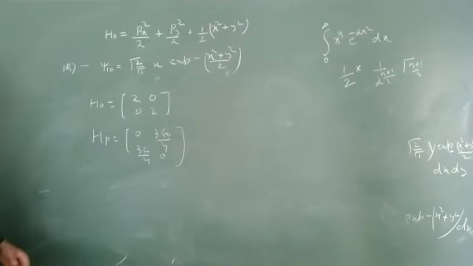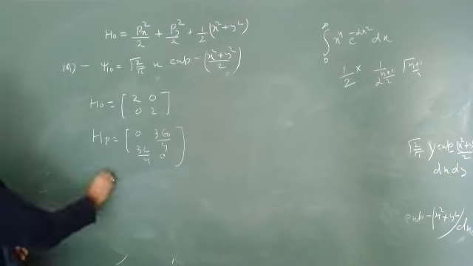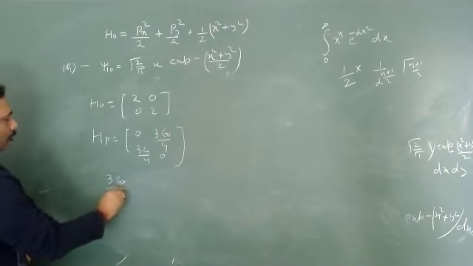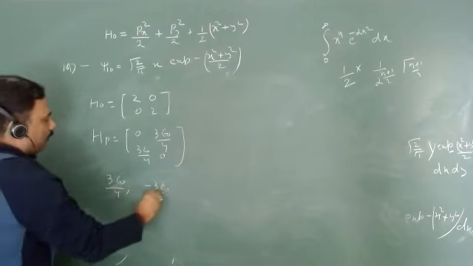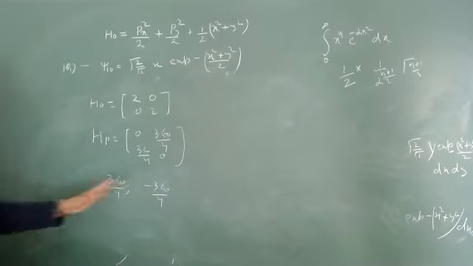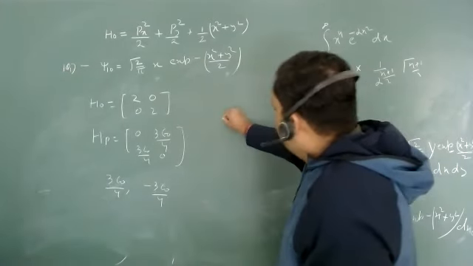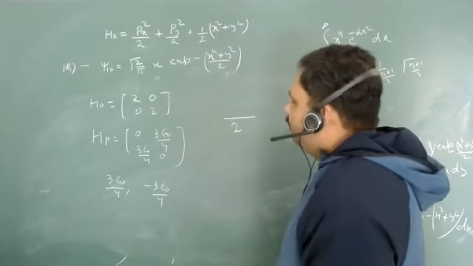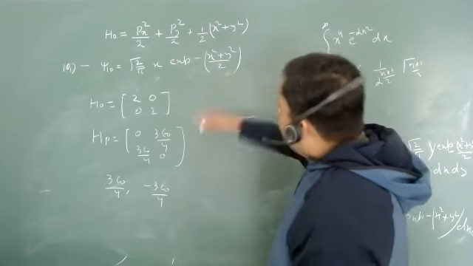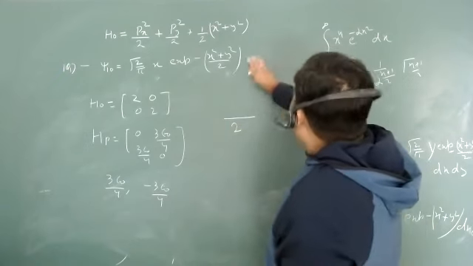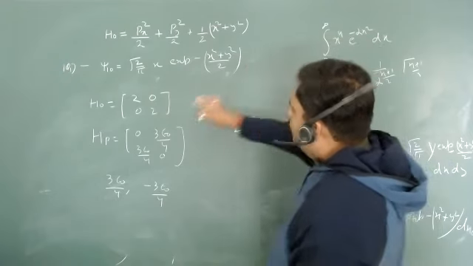What will be eigenvalue? You have two eigenvalues, that is 3 epsilon by 4 and minus 3 epsilon by 4. So this will be the perturbed term. This will be the correction term. So what you can do? Initially, you have only this unit of energy, but once you give this perturbation, I have just removed this thing.